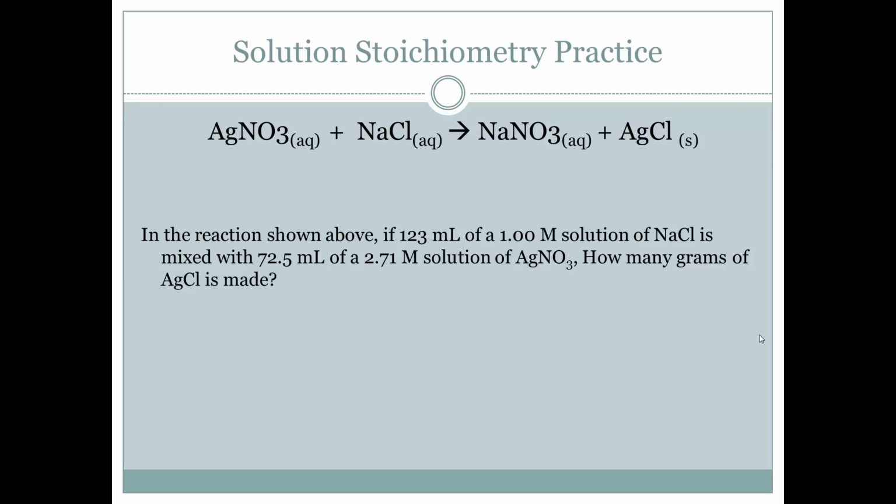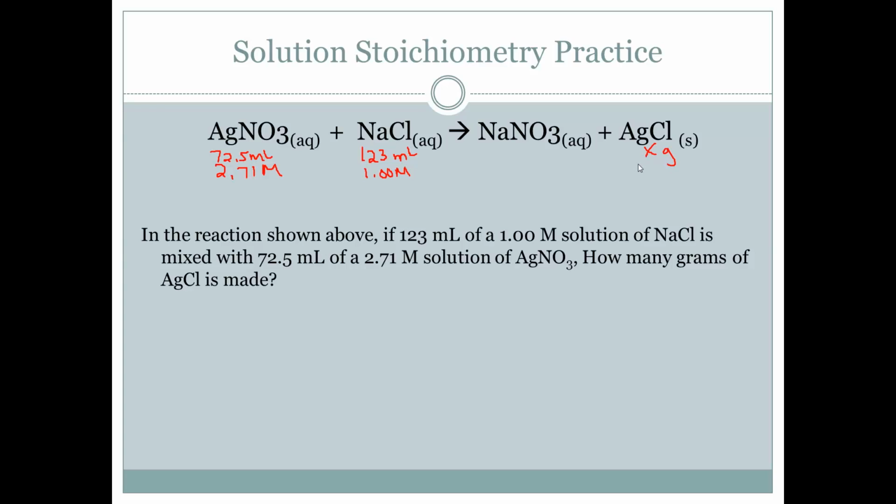We can also use the same process with limiting reagents. So if in the reaction shown above, we have 123 milliliters of a 1.00 molar NaCl is mixed with 72.5 milliliters of 2.71 molar, how many grams of AgCl can be produced?